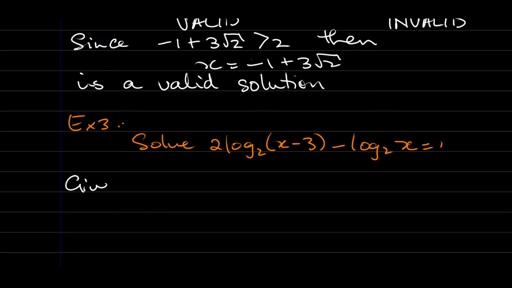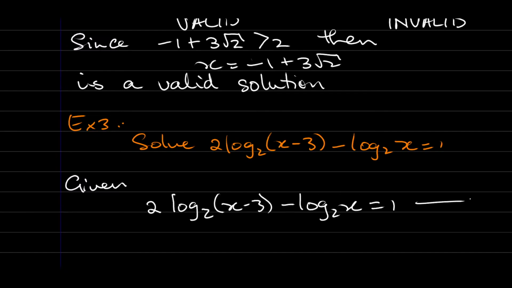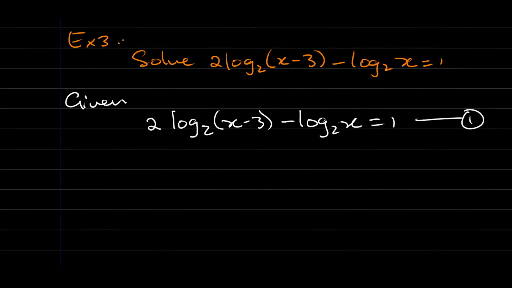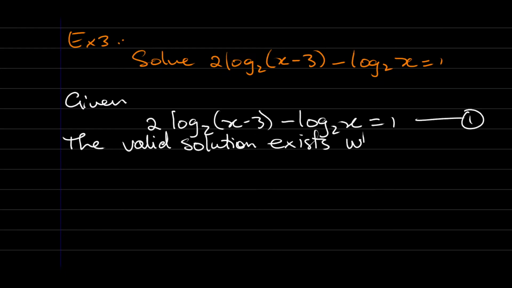So given 2 log to the base 2 of (x minus 3), minus log to the base 2 of x equal 1, we'll call this equation number 1, and then we'll say the valid solution exists where we need x minus 3 to be greater than 0, and we need x to be greater than 0. Well, that means that x here is going to be greater than 3.